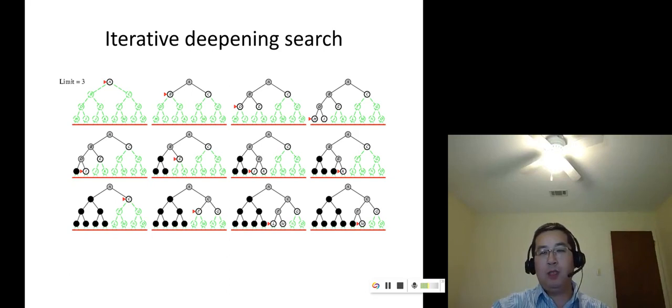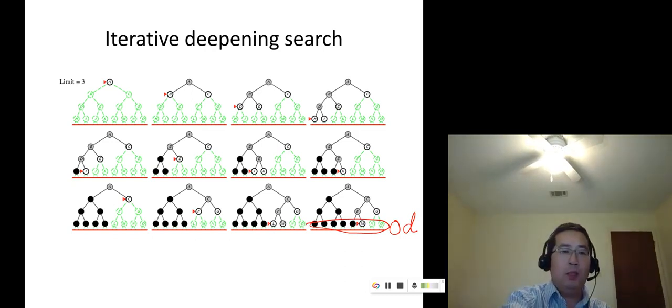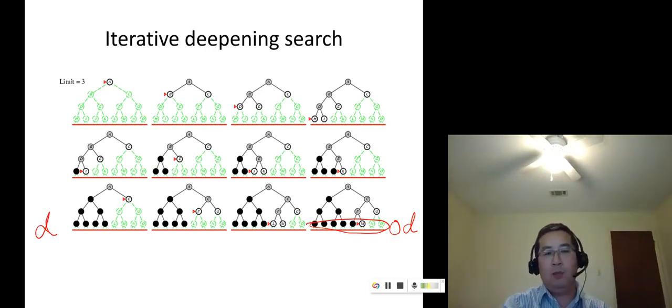For example, if the depth of the optimal solution is 3, we know this one is expanded 1 time. So the depth of our optimal solution we call D, the path cost, and we use M to represent the maximum search depth. So for this one, you know how many nodes there are.